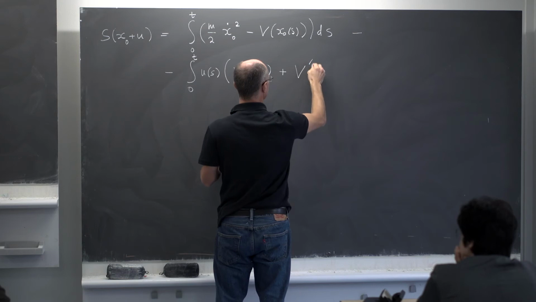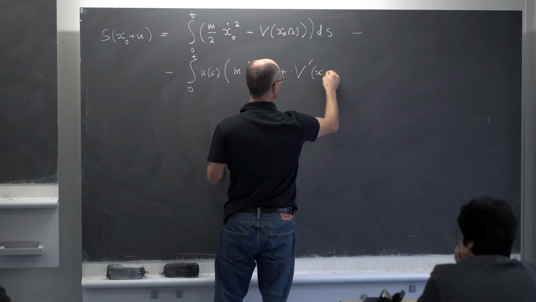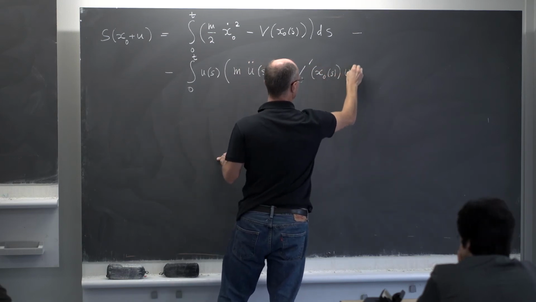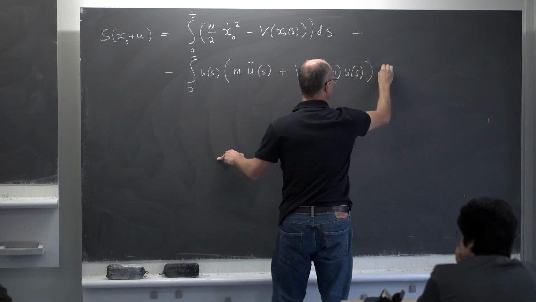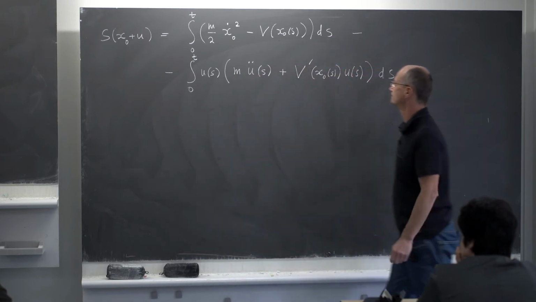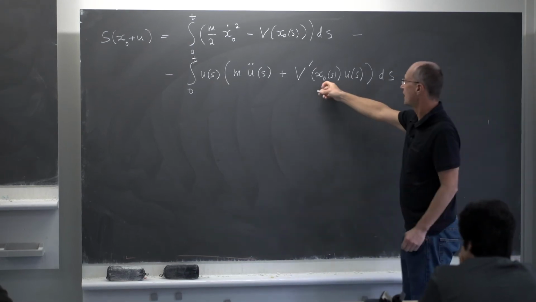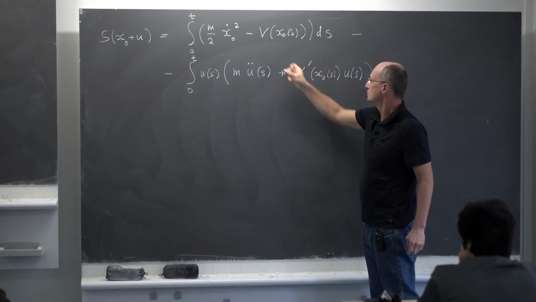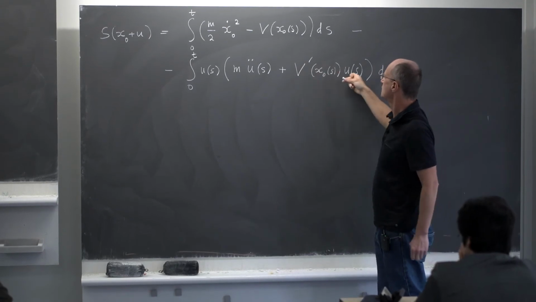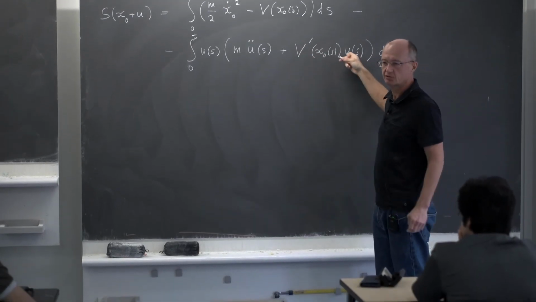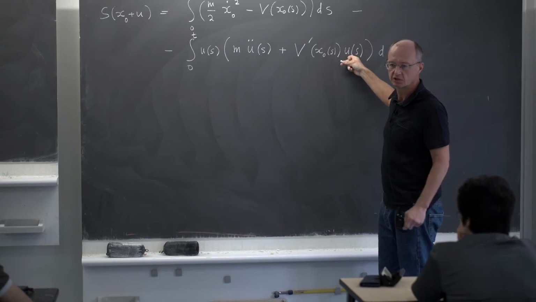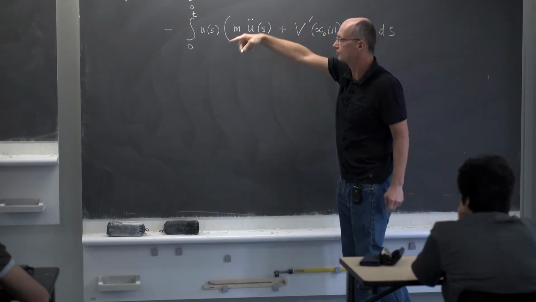Plus v prime. So let me write it like this. So what happened? First of all, that's the first term in the Taylor expansion, right? So the derivative times u for the function v of x.